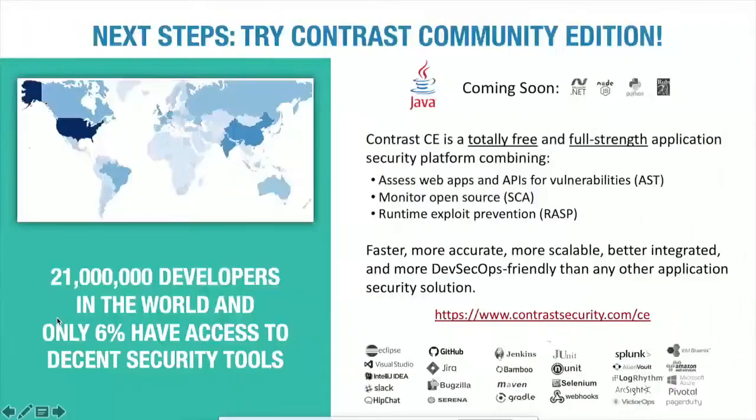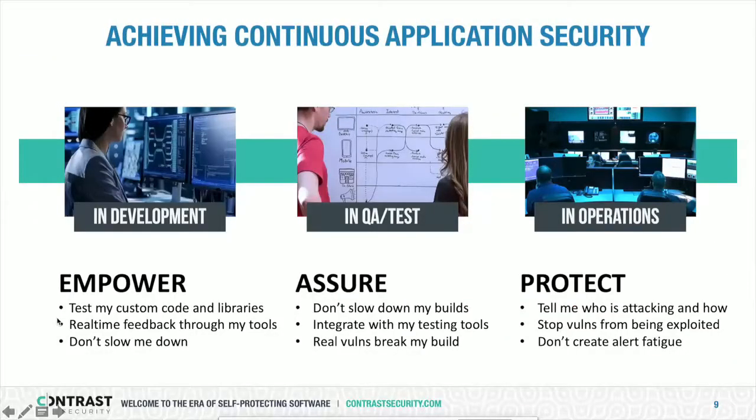So ultimately, we were trying to empower developers to commit secure code, and we used Contrast Protect to give them instant feedback on their code as they're writing it, through the tools that they're already using.